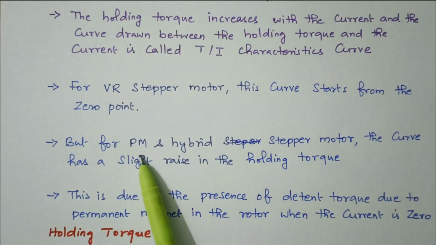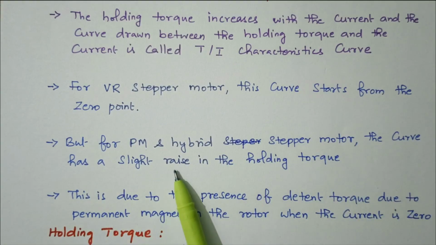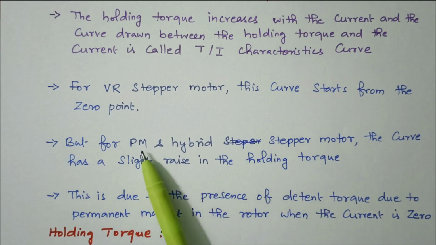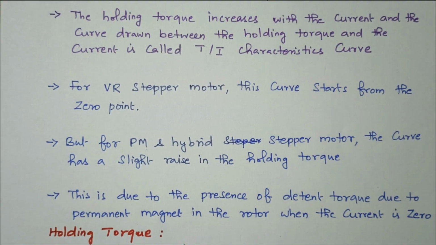But for the permanent magnet and hybrid stepper motor, the curve starts slightly raised in the holding torque. This is due to the presence of detent torque due to the permanent magnet in the rotor when the current is 0. So in the permanent magnet and hybrid stepper motor, because of the permanent magnet, there is some torque available even when the current is 0, but it is not available in the variable reluctance stepper motor.